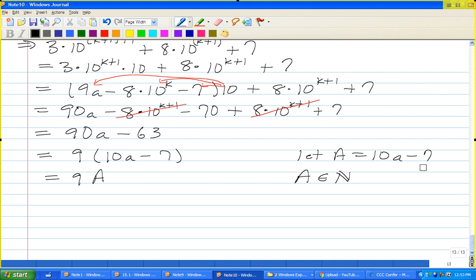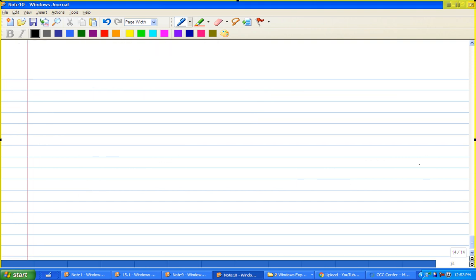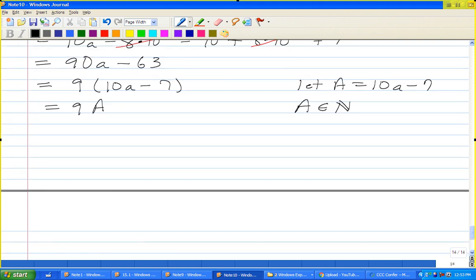And so therefore, we've shown that the induction case holds.